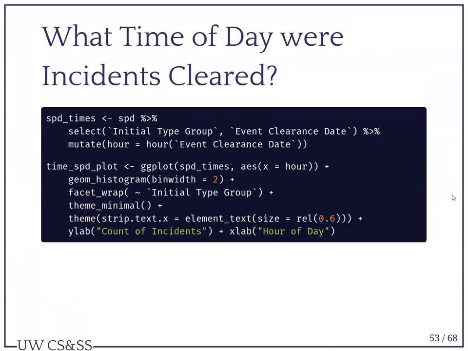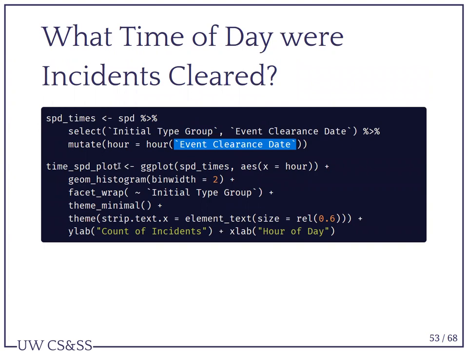So now we can do things like say, what time of day were incidents cleared? So we'll say to the SPD times object, assign the SPD data, and then select the initial type group and the event clearance date, and then mutate the hour equals the hour of our date-time POSIX column.